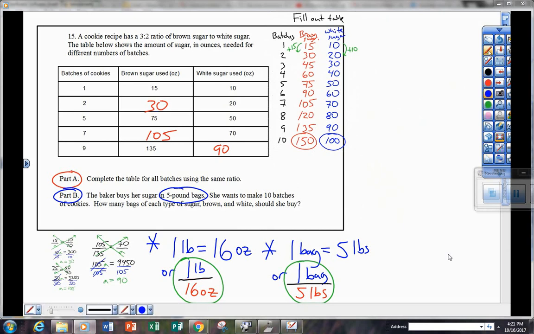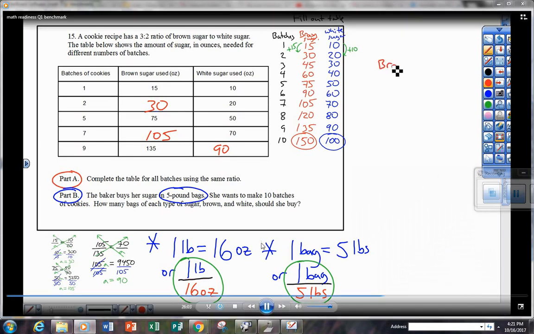So I know there's 150 ounces of brown sugar, so that's going to be my first number I write. So 150 ounces over 1, because that's just the whole number, 150 ounces, times my first conversion.